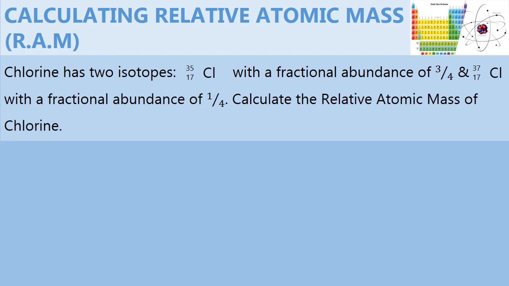However, we have been given the fractional abundance. In this case, the first step is to convert the fractional abundance into percentage abundance.